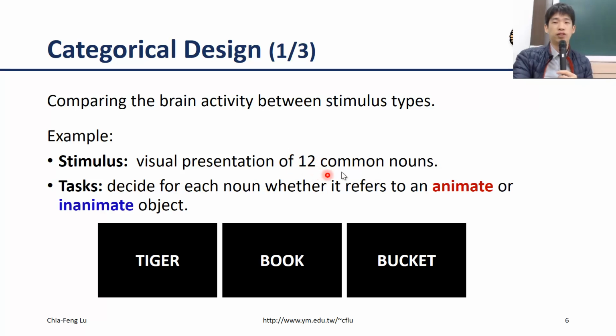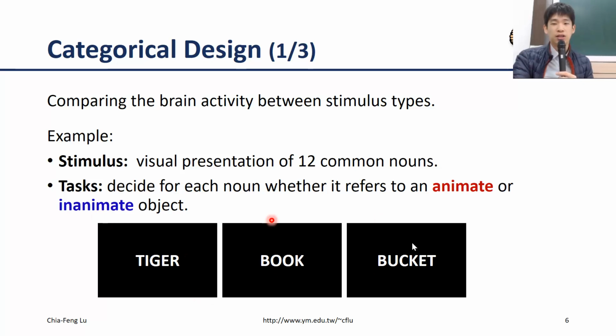They have 12 different common nouns, but these 12 common nouns are categorized into two different types. One type is animate, which means a living animal or something, and the other is inanimate, which is just an object.